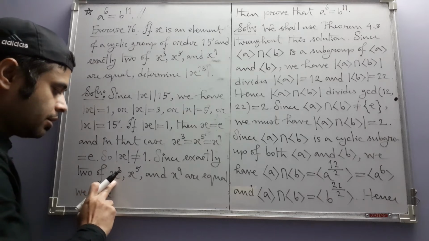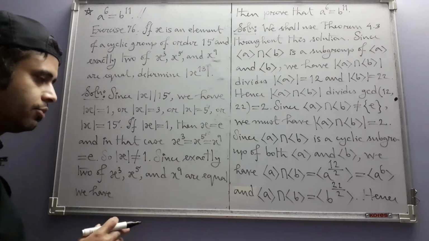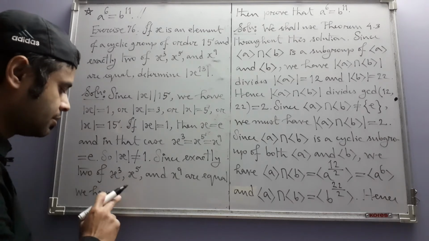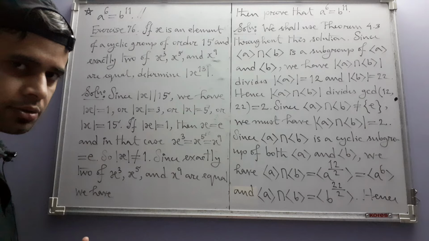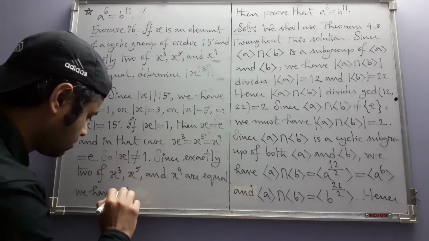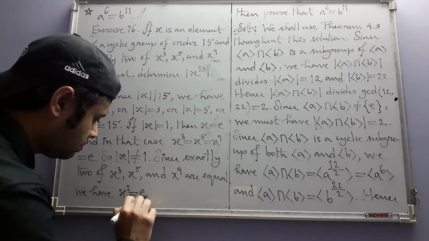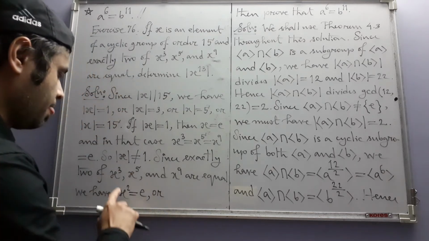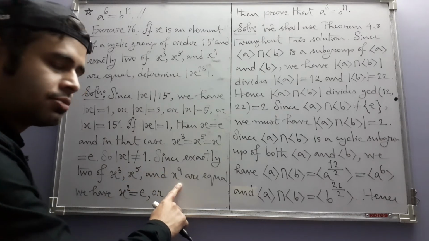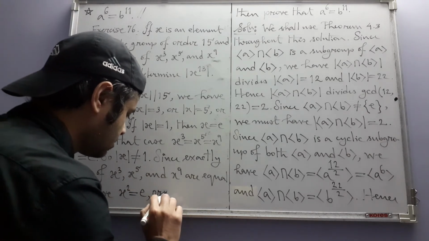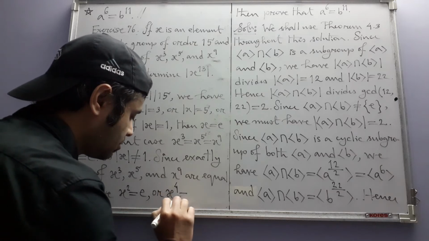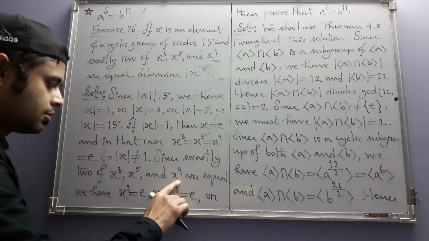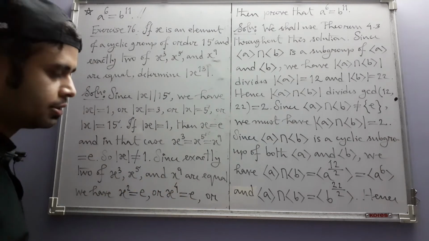If those 2 equal elements are this, that is, if in the group x cube is equal to x to the power 5, then that implies x square is equal to identity, or if x to the power 5 is equal to x to the power 9, then x to the power 4 is equal to identity, or if these 2 are equal, then x to the power 6 is identity.